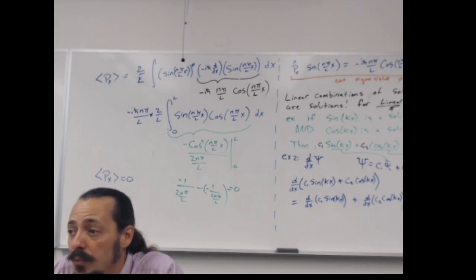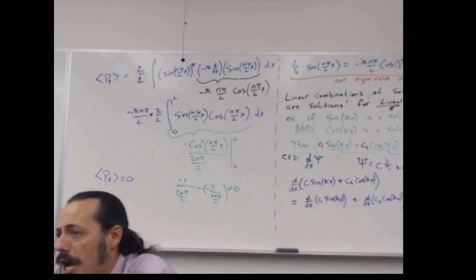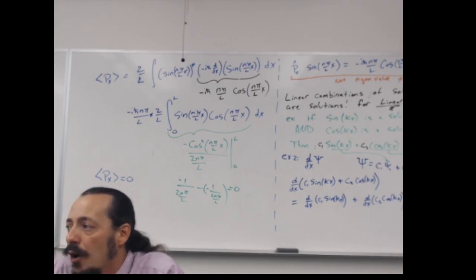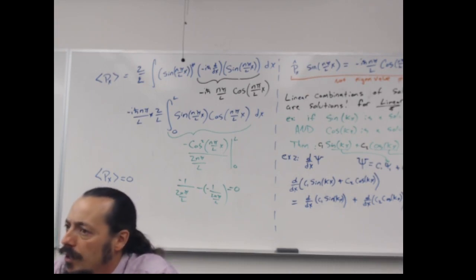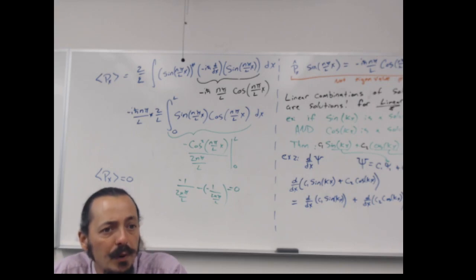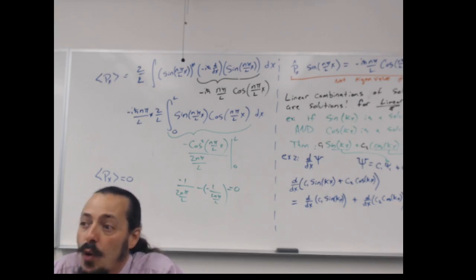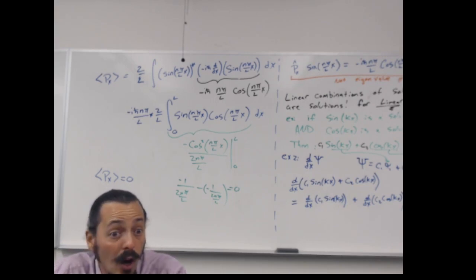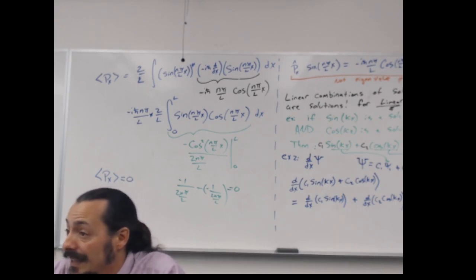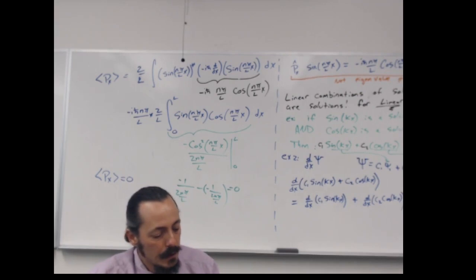If any come up, we'll recognize that they're non-linear and not use them. Because the second postulate of quantum mechanics says for every observable in classical mechanics, there is a quantum operator that is a linear Hermitian operator. So our operators should be linear and Hermitian.